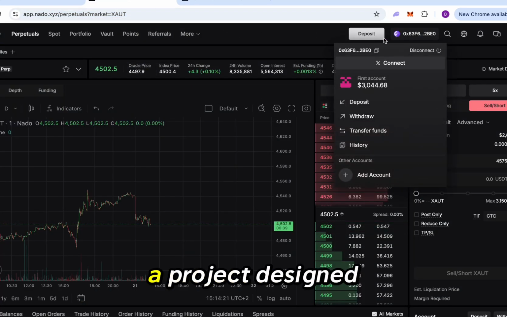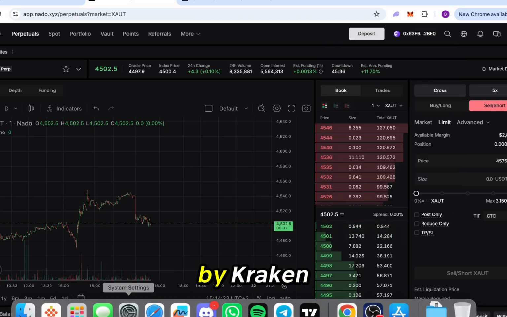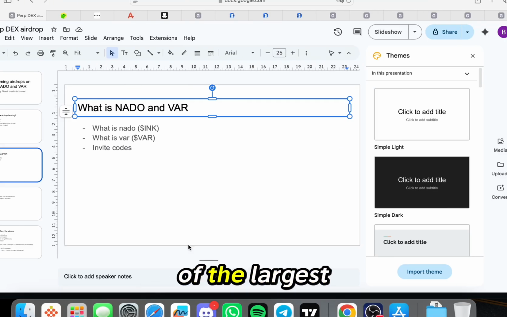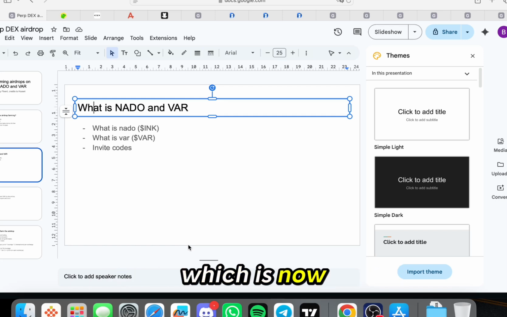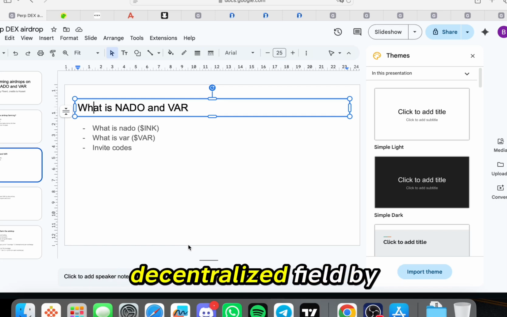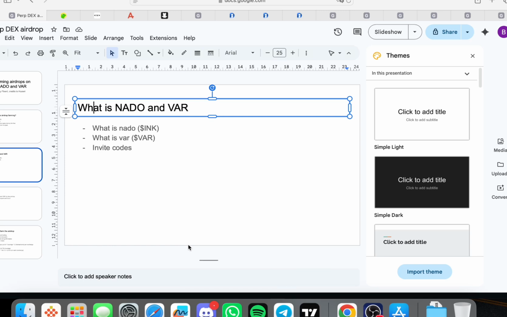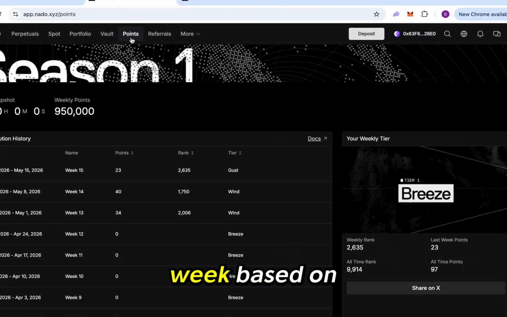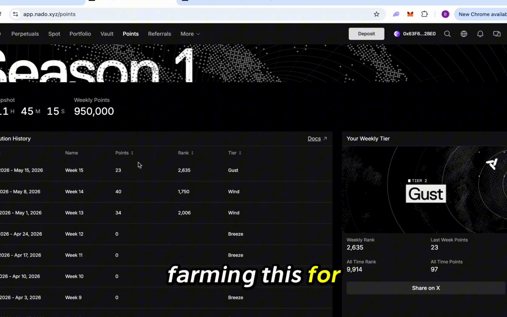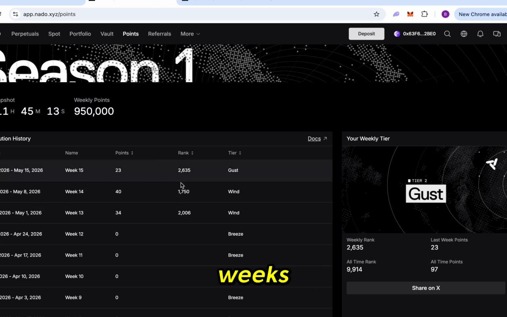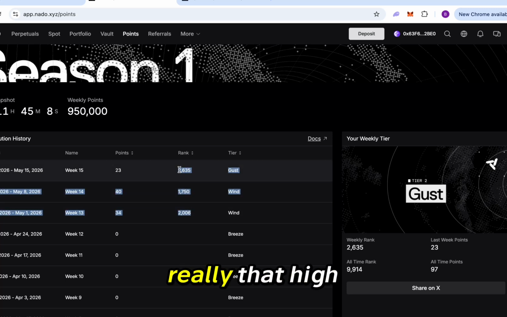NATO is a project designed by Kraken, which is one of the largest centralized crypto exchanges out there, which is now tapping into the decentralized field by launching its DEX. And they give out points every week based on your activity. I've only been farming this for a couple of weeks and I'm in the top 2000, but that's not really that high in my opinion.